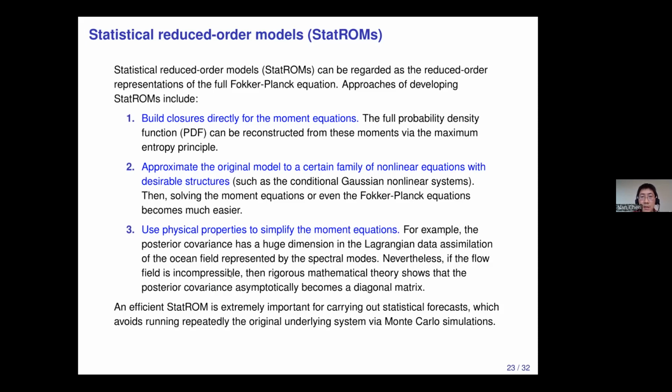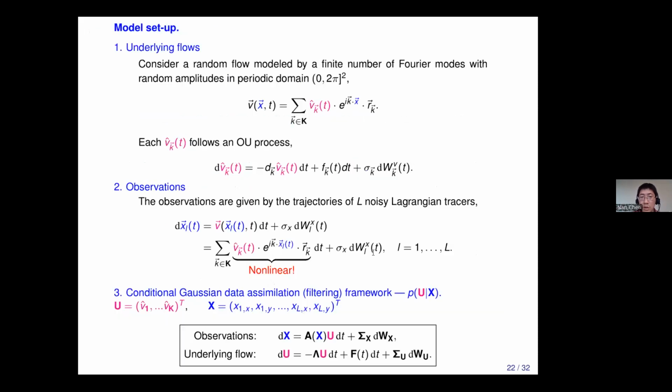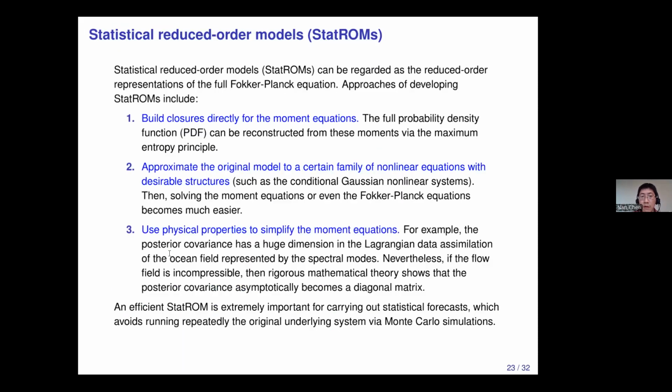And the third method, which is more advanced, you try to use some physical properties to simplify the moment equations. I'll show one page of slides about the tracer case. Actually, we can make use of our knowledge to reduce the covariance to a diagonal matrix, which will help a lot to solve the high-dimensional systems.